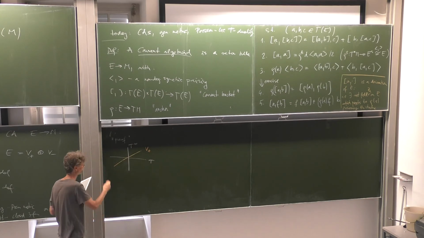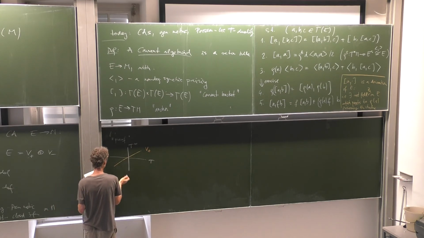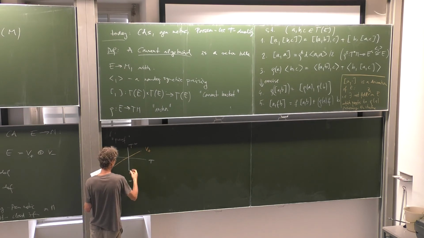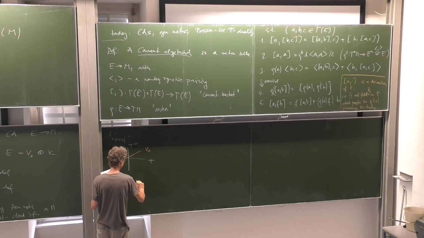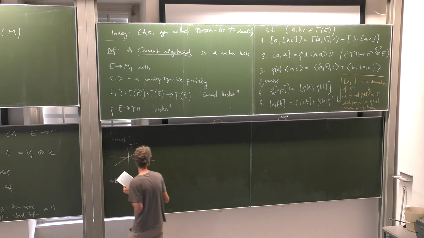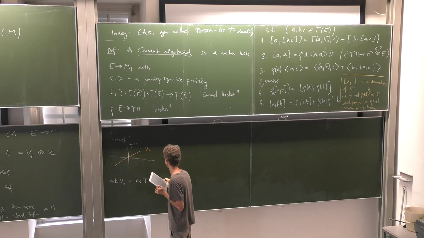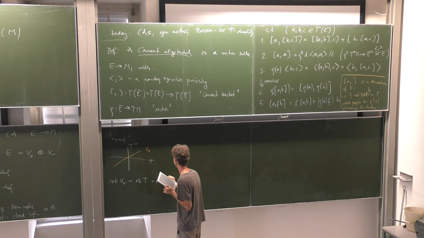By looking at the signature, we can say that the rank of V plus is the same as the dimension of the manifold, that is the rank of T, which is the rank of T star.